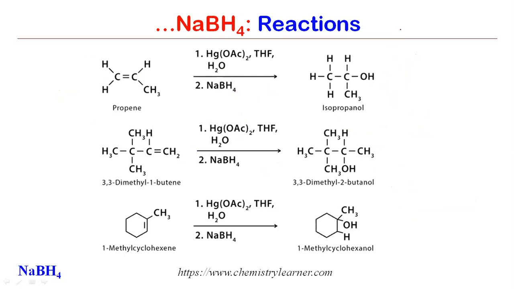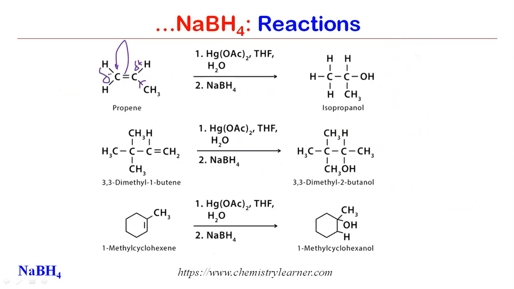If you want to know the reaction, hydroxylation of alkene using this oxymercuration demercuration step, then we know that this is an unsymmetrical alkene, and because of this plus I effect, this bond will be shifted in this direction. So this carbon will get partial positive charge, and this carbon will get partial negative charge.